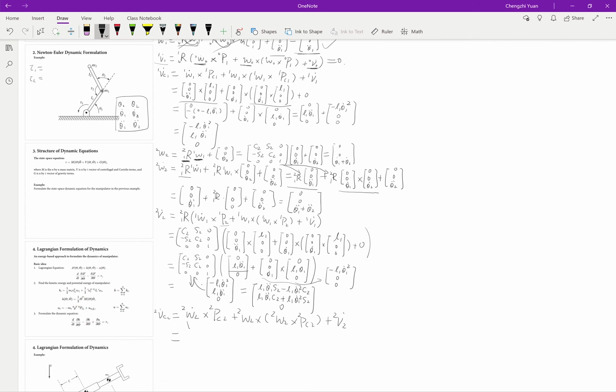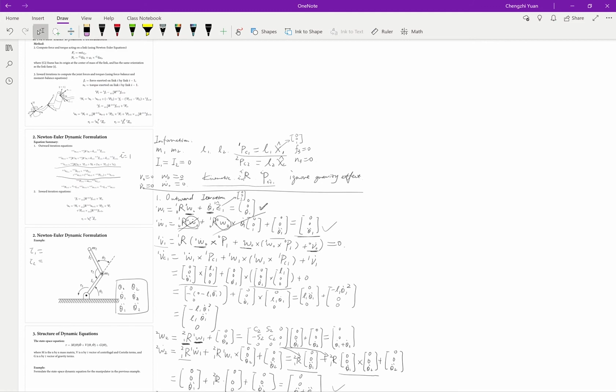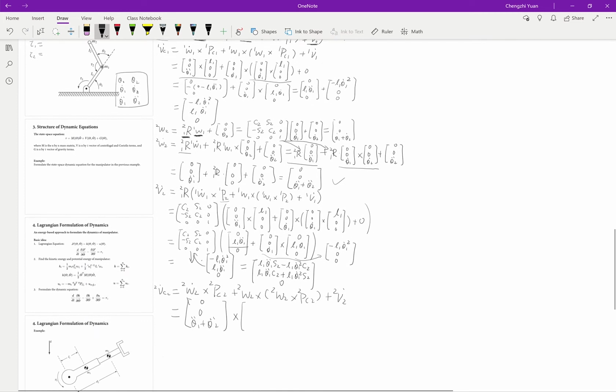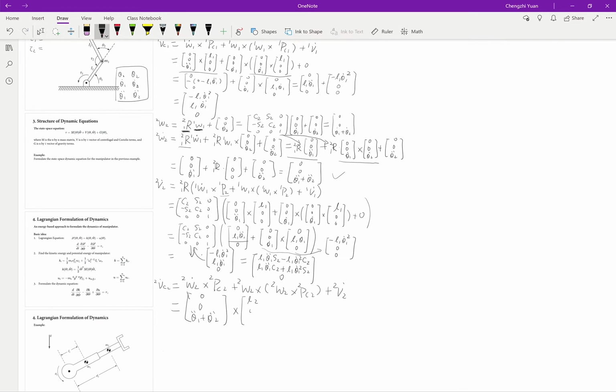What is omega 22 dot? It's from here, so it will be 0, 0, theta 1 double dot plus theta 2 double dot, and then cross product with PC22. PC22 is equal to L2, 0, 0 along the x-axis, which is why I put L2 in the first element.